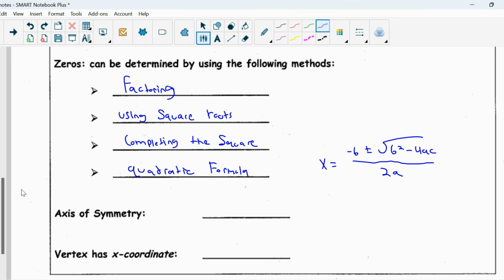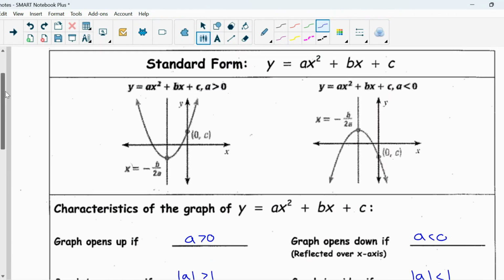So the axis of symmetry, which can be seen on the graphs above, is the line that, as the name says, splits your quadratic in half, or it is symmetric on both sides.